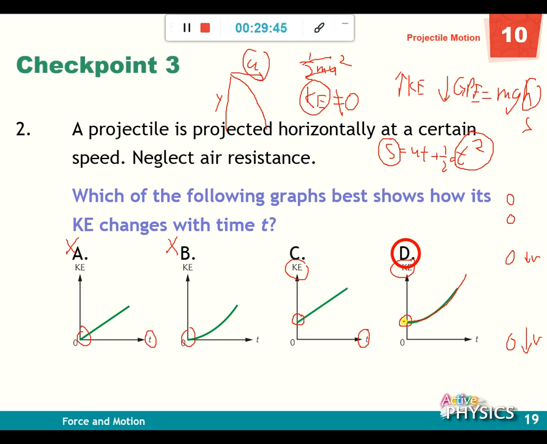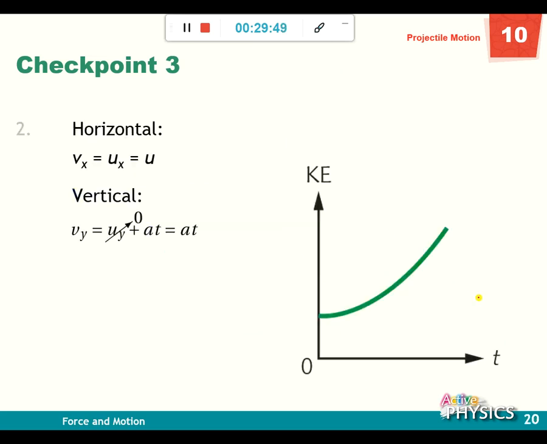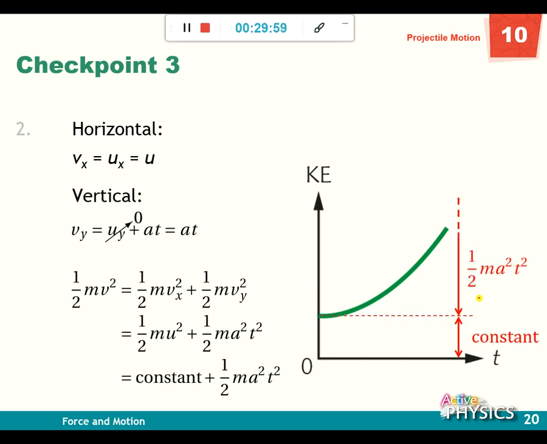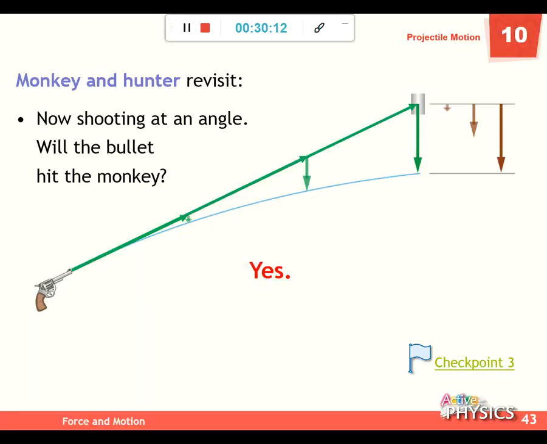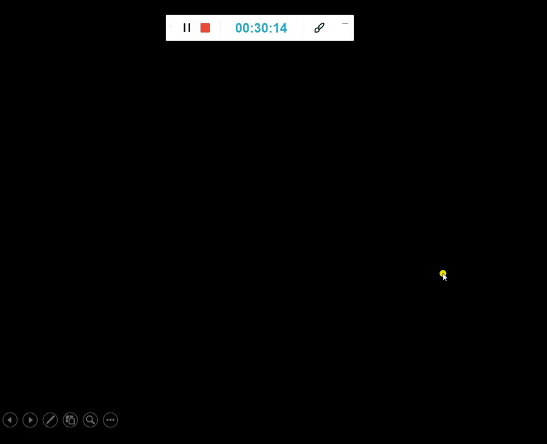So this explains why this one is a curve. This one is the explanation. The horizontal one is constant, the vertical one is at. But here you can know that this part should be time square. Okay, time square. Okay, that's all.